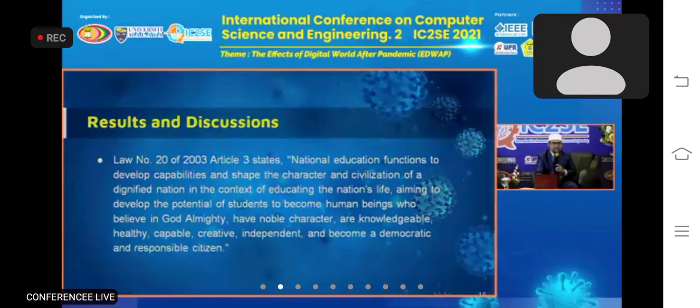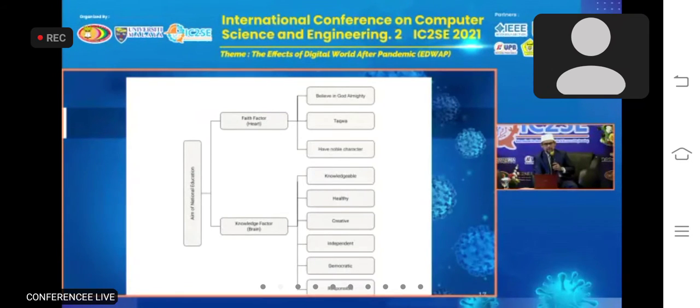Okay, next slide. So this figure shows how the national education that we have in Indonesia puts two main factors: iman factor and knowledge factor.